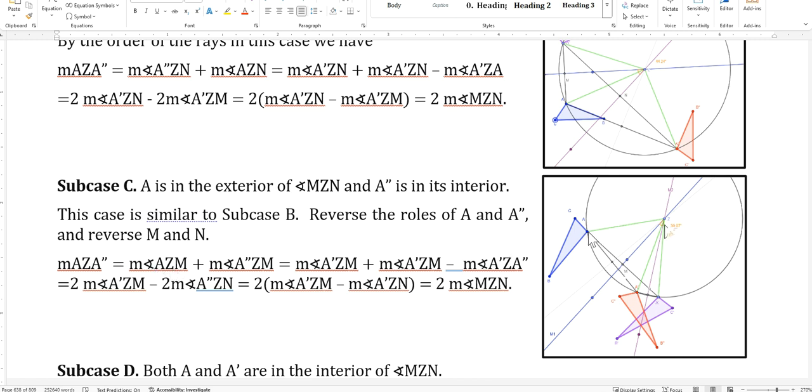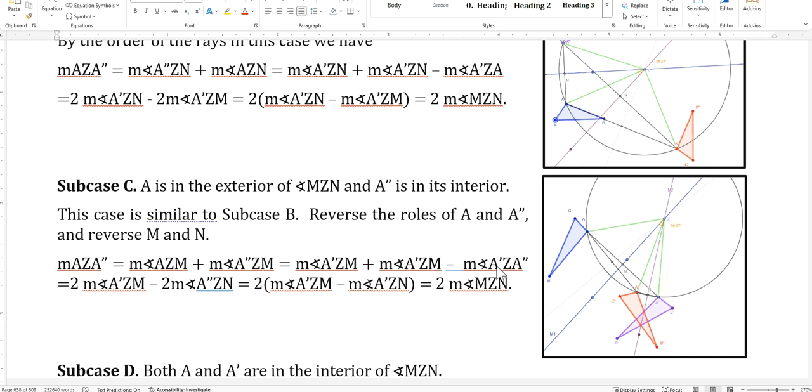Okay, but this angle AZM is the same size as the angle A prime ZM. So I can replace that one with that. A prime double prime ZM, okay, is the distance A prime ZM minus A prime Z A double prime. Now those two are the same, so that doubles up.